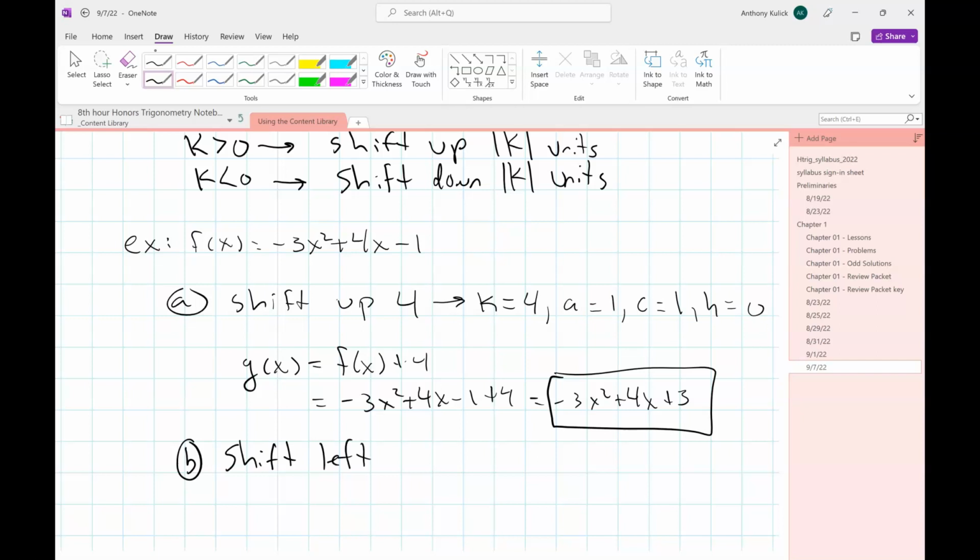So here we're going to shift left 1. So H should be negative 1, A would be 1, C would be 1, K would be 0.